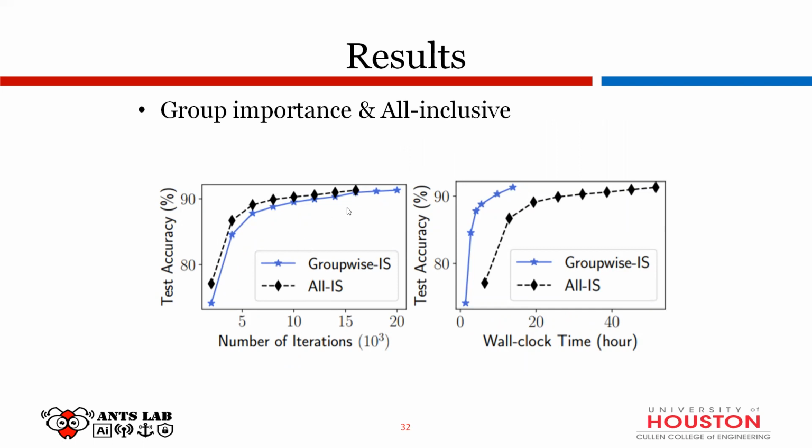In terms of test accuracy, group-wise is a bit slower than all-inclusive importance sampling, but in overall time, group-wise is much faster, because all-inclusive takes a lot of time in one iteration. You need to update all the data.